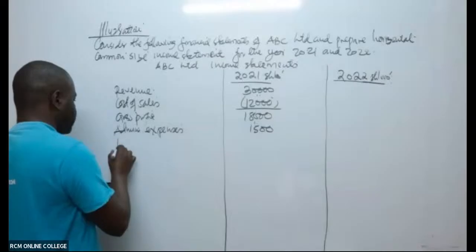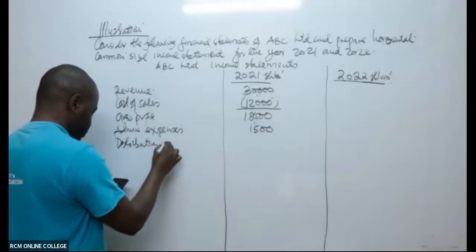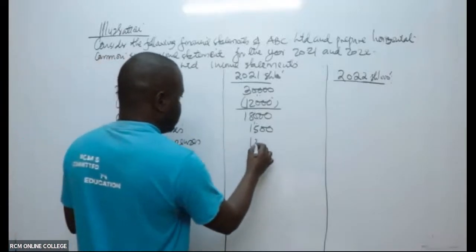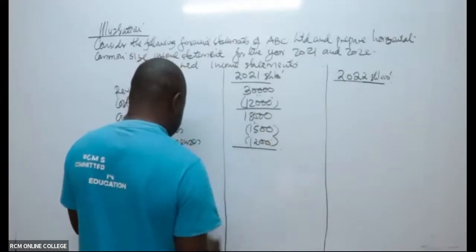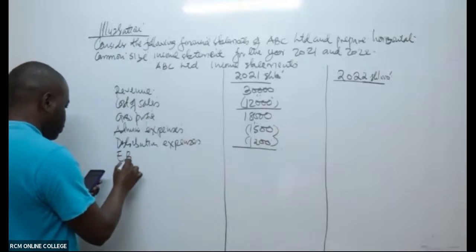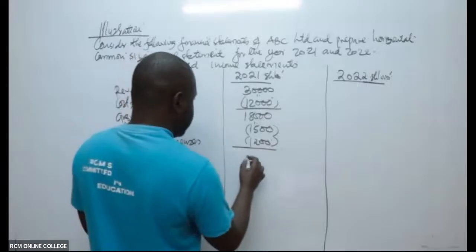Distribution expenses, $1.2 million. If you subtract them, it will give you earnings before interest and tax of 15,300.